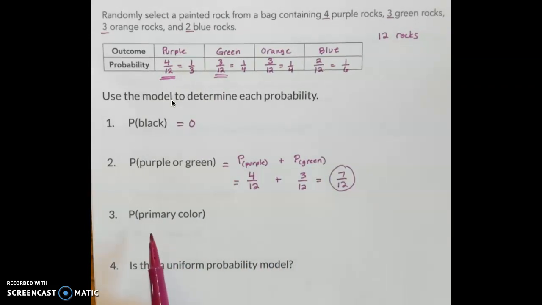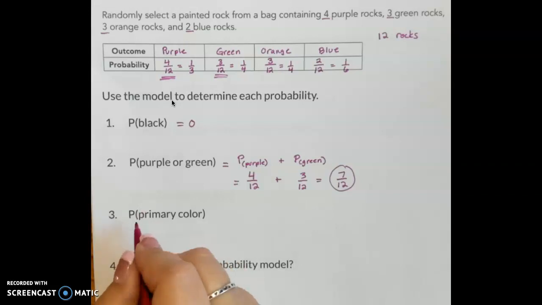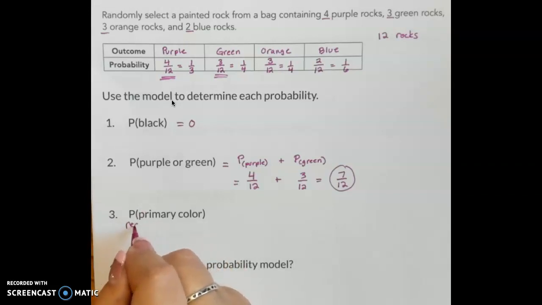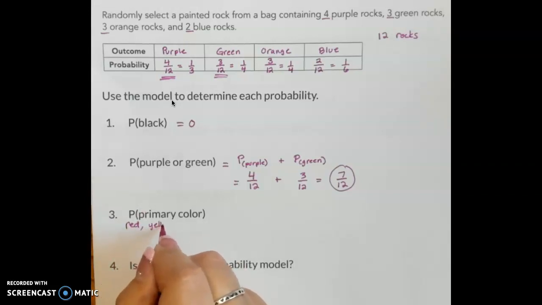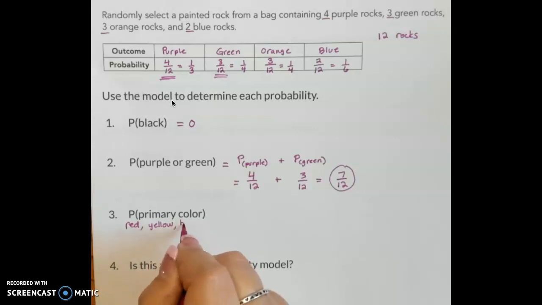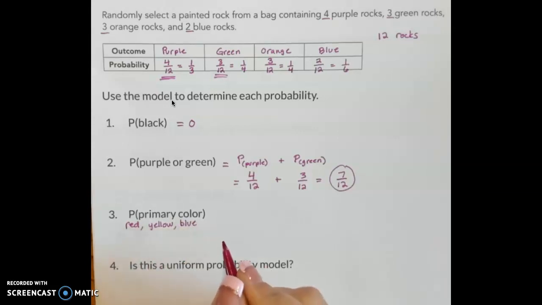All right. Example 3 says, what is the probability of selecting a primary colored rock from the bag? Well, that would require us to know our primary colors. So primary colors are red, yellow, and blue.